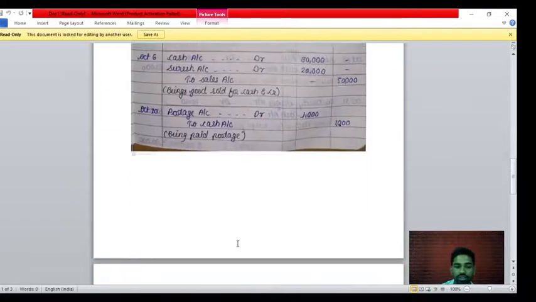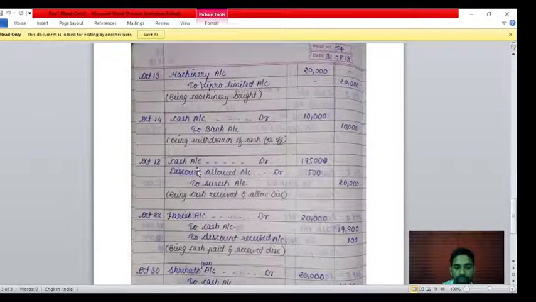Discount allowed comes under the nominal account, and what's the nominal rule? Debit all expenses and losses. So it is an expense or loss, that's why it is debit 500. Suresh account credit 20,000, because Suresh is the giver.